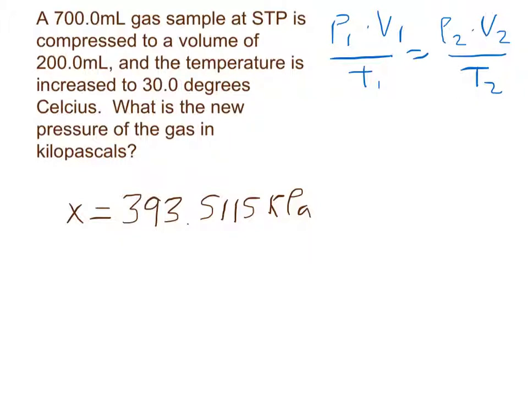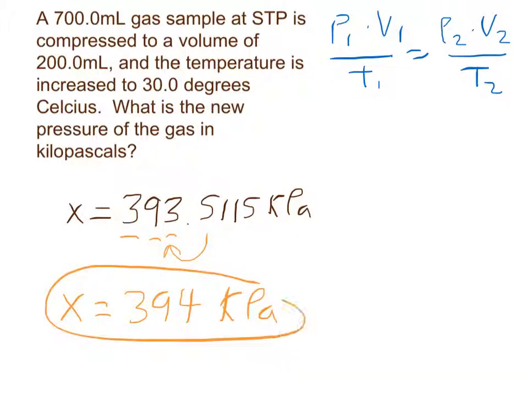In order to do this, we need to change 393.5115, and we're only going to focus on the first 3 digits. The 4th digit, does it round this 3 up? Yes. So I'm going to put x equals 394 kilopascals. And that's how you solve a combined gas law problem.